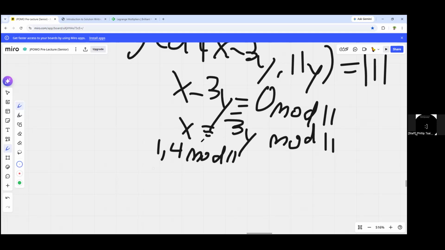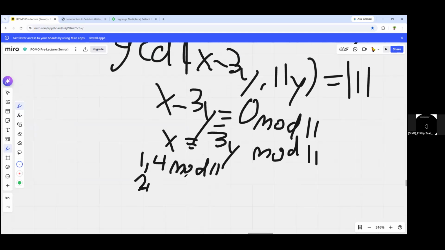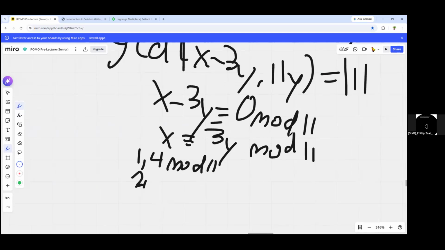But anyways, we test out other values of x. For example, 2. We get that when we plug in x equals 2, y is equivalent to 8 mod 11.